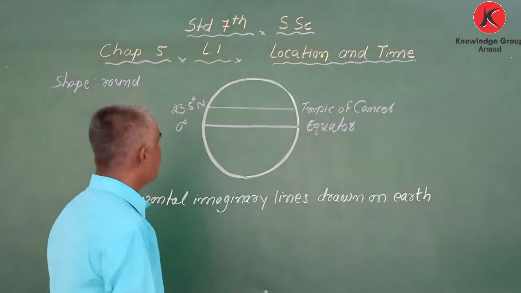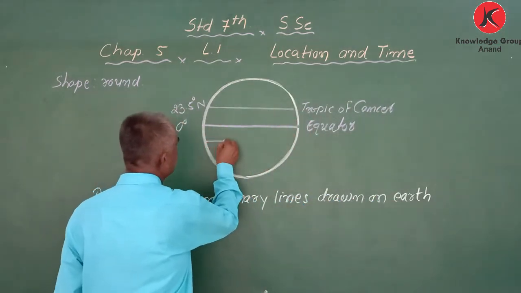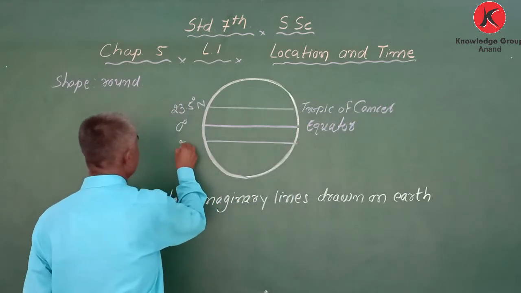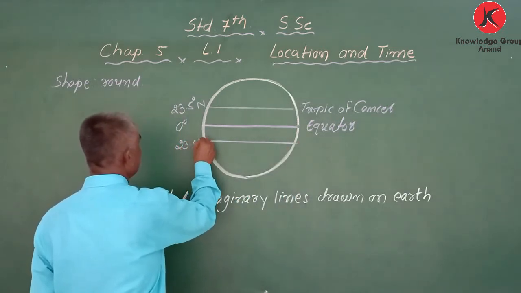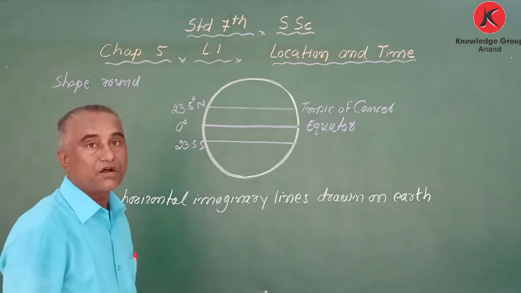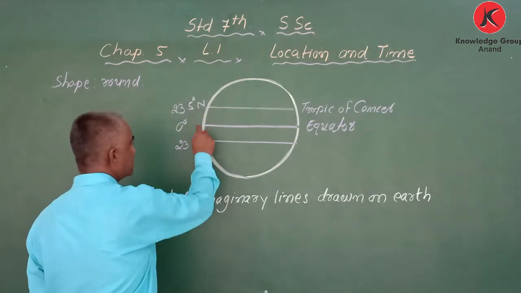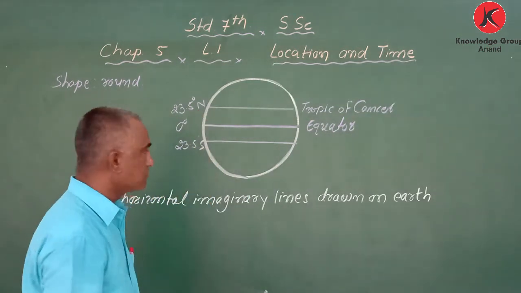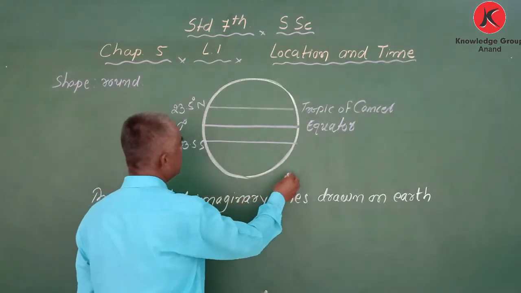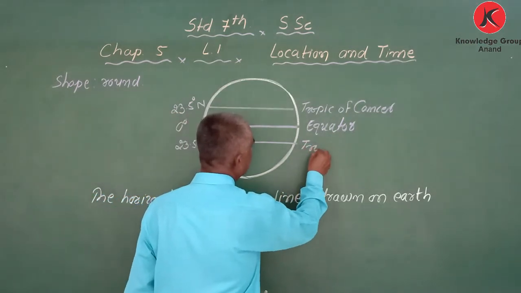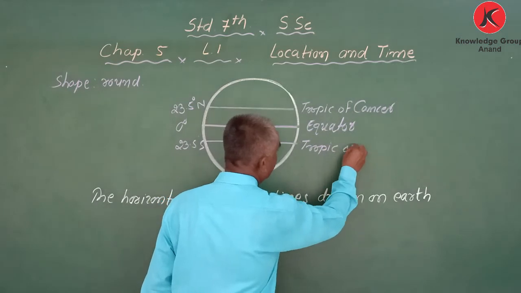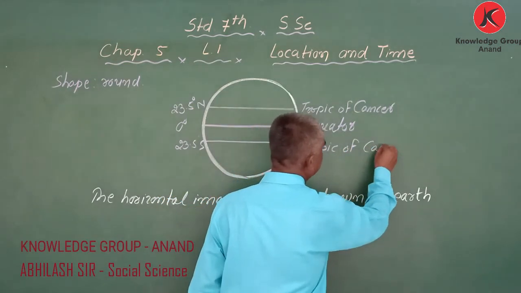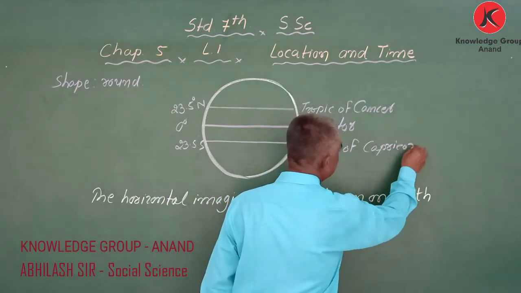And 23.5 degree S, S means south, that is called Tropic of Capricorn.